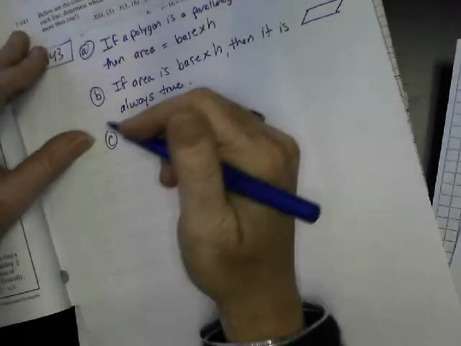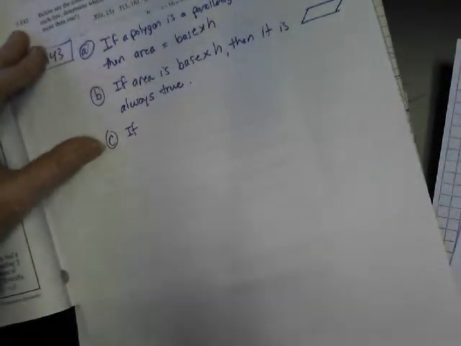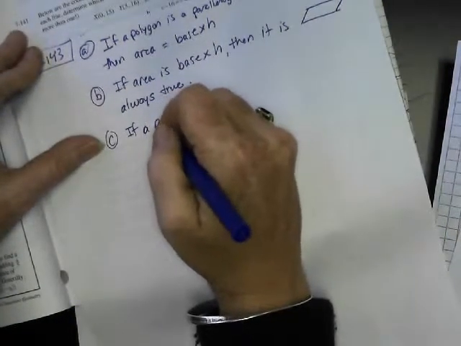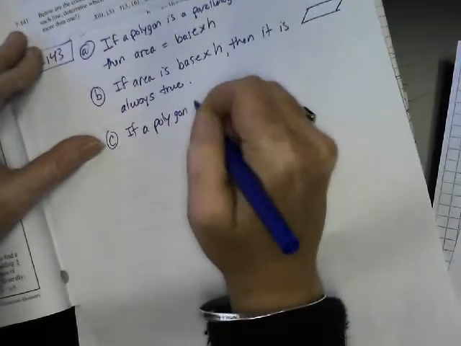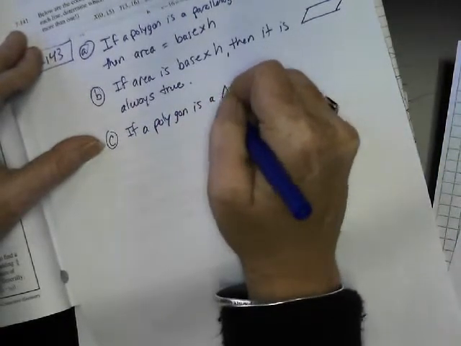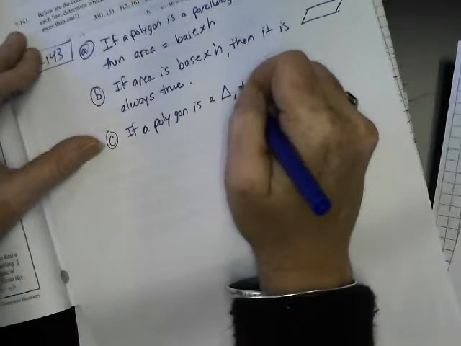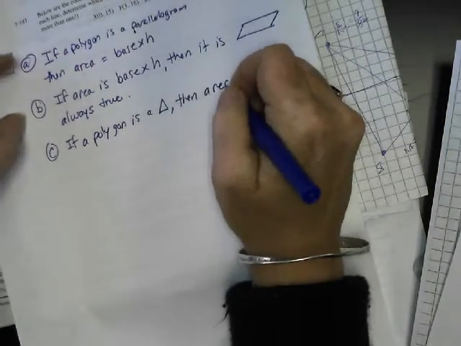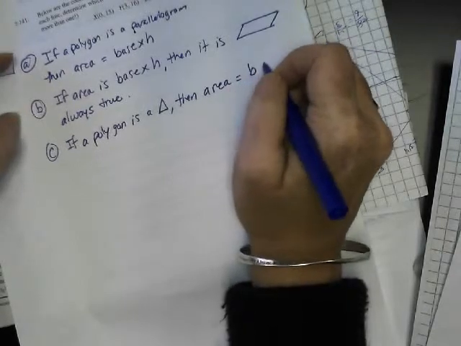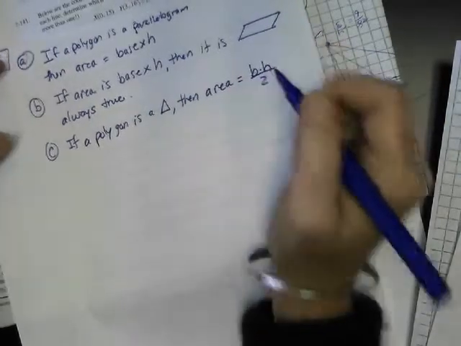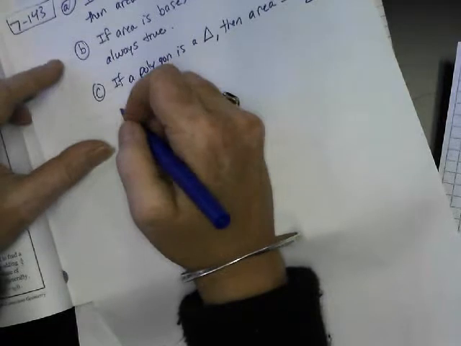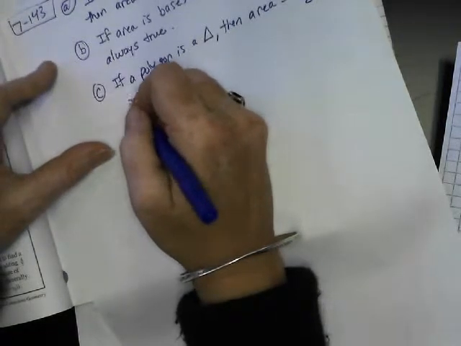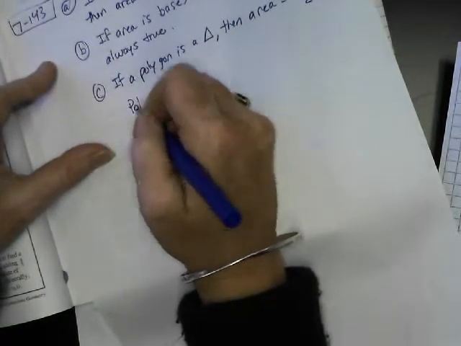Wait, polygon, sorry, I put it as polygon. If a polygon is a triangle, then the polygon area equals base times height times 2, divided by 2. Yep. And then if you write it backwards, it equals the exact same, because base times height divided by 2 automatically equals a triangle.